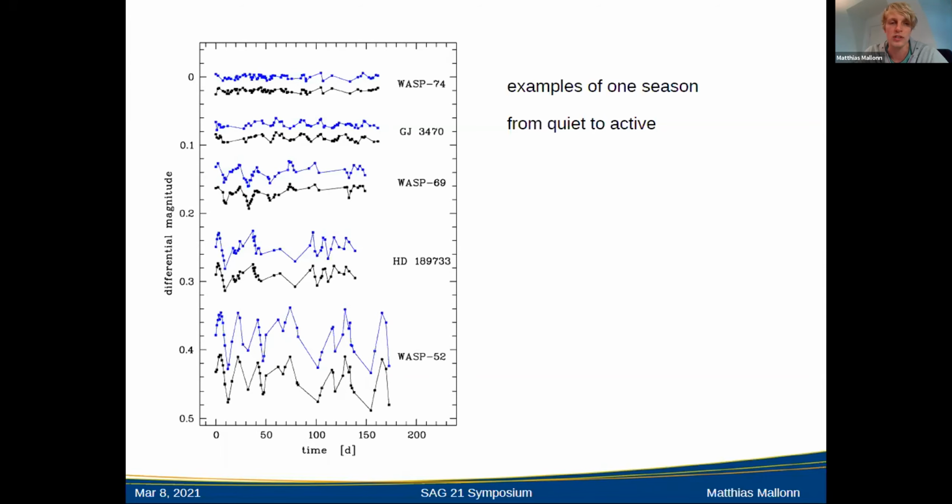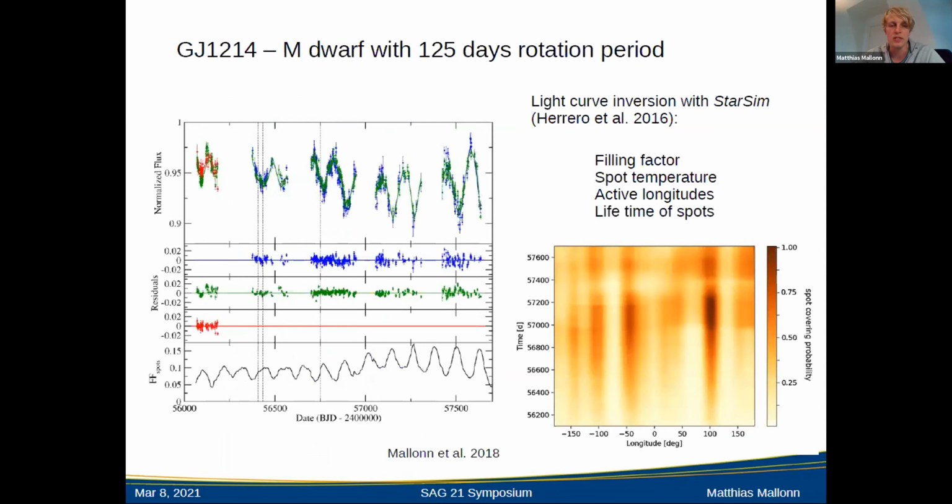It was also included in, I think, 2 TTV studies, because for transit timing variation, these active regions might have an influence. But the majority of stars have been quiet, and therefore it was just used with this simple statement.